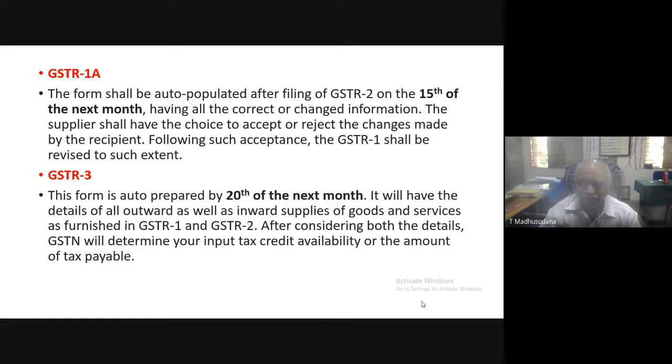Both will be auto-populated, and your input tax and output tax will be decided based on the GSTR 3. Okay.